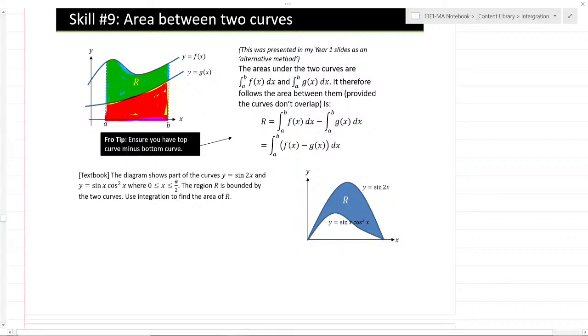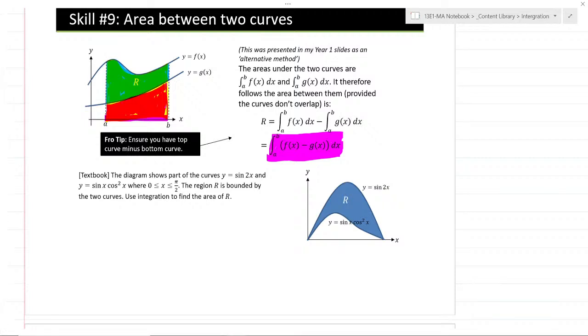And it gives you this formula here. Now, you can combine integrals if they're between the same limits. So this is the formula here: if I want to find the area between f and g, it's the integral between a and b of f, knowing that g is underneath.